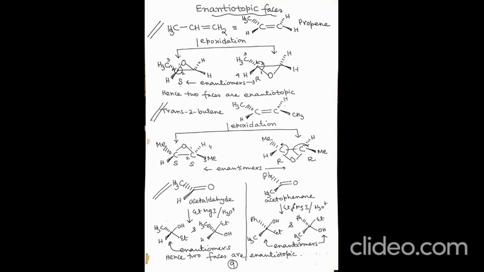After this, from acetaldehyde we are getting 2 enantiomers, and from acetophenone also we are getting 2 enantiomers. Therefore, the 2 faces of acetaldehyde and the 2 faces of acetophenone are enantiotopic.